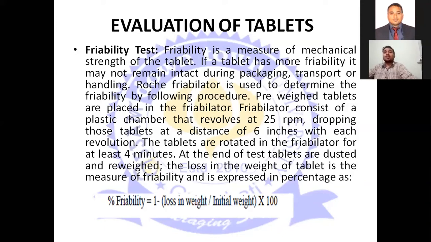For example, if the initial weight of a 150 mg tablet times 10 tablets is 1500 mg, and after friability it is 1460 mg, then the loss of weight is 1500 minus 1460, which is 40 mg. So 40 mg divided by the initial weight, 1500 mg, into 100. According to this process, we can calculate the friability.